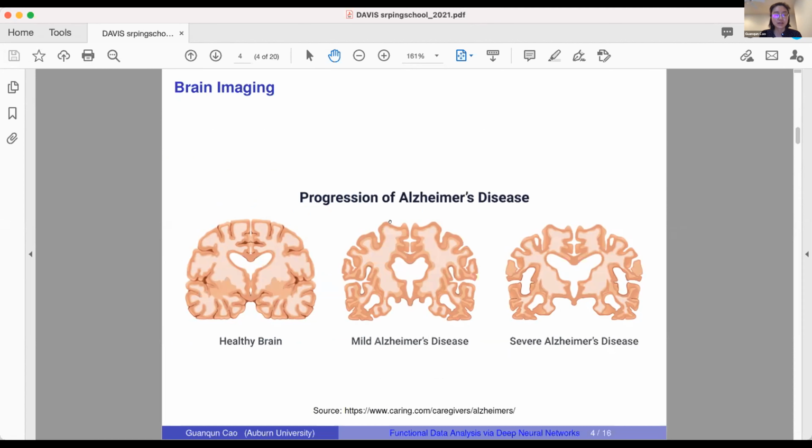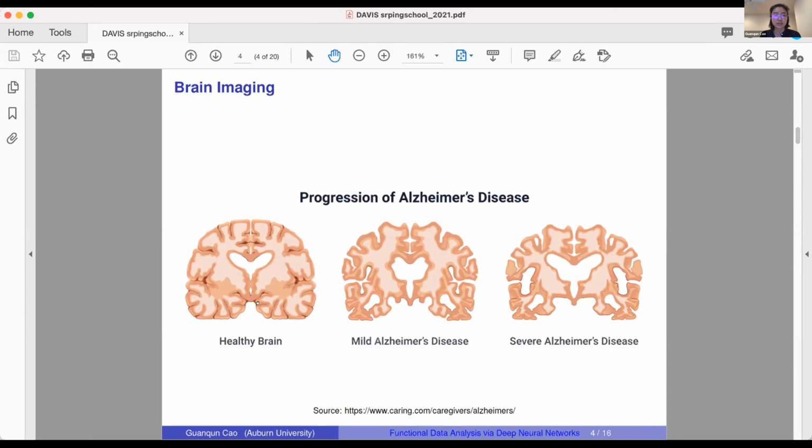My motivating example is Alzheimer's disease, with brain imaging data. As you may know, Alzheimer's disease is an irreversible progressive brain disorder. This disease gradually destroys people's memory and ability to complete simple tasks. You can see this is a healthy brain.